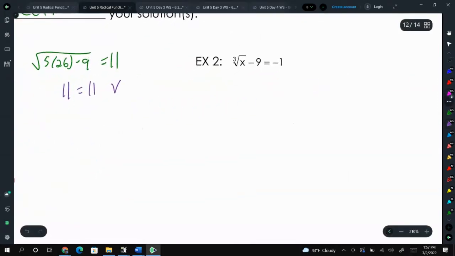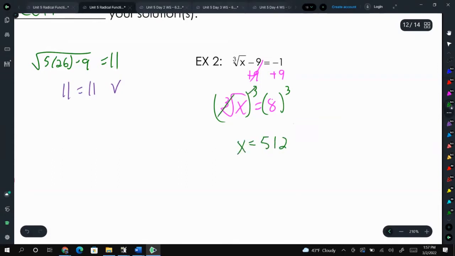Example number 2, the radical is not by itself. We have to add 9 to both sides. So we get the third root of x is equal to 8. We're going to raise each side to the third power. So we get x equals 512. And again, you can check this, but since it's a cube root, you don't necessarily have to.